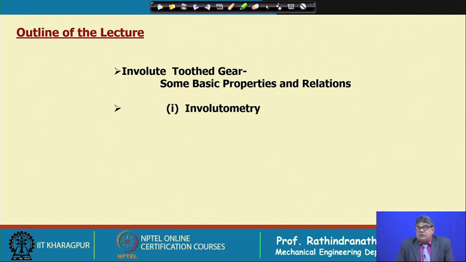Involumetry is a very important property of involute gear tooth. It is required to calculate different proportions of gear tooth, corrections, etc. So, this will be discussed.